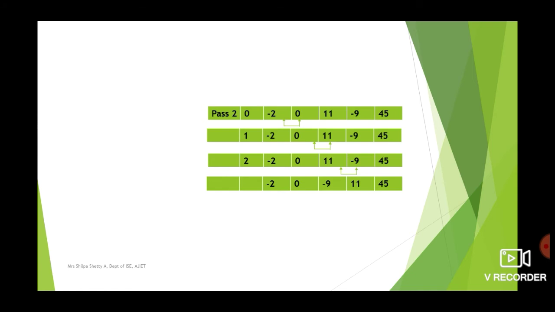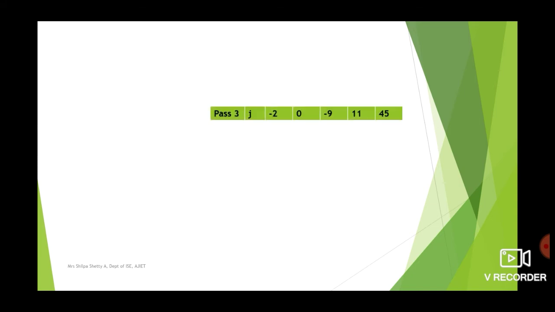At the end of this pass, the elements of the array are -2, 0, -9, 11 and 45. What we observe is the second largest element of the array was 11, and that is placed in the last but one position. So in the next iteration, we will not compare 11 and 45. So let us go to the third pass.